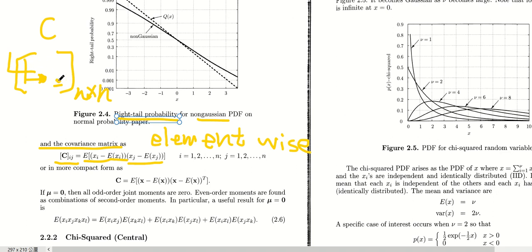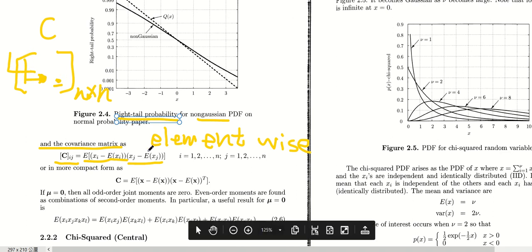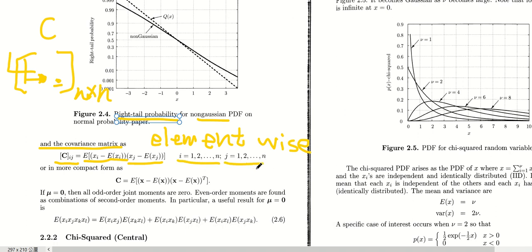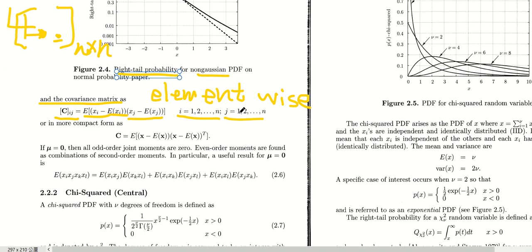If it's on the diagonal, then it will be ii, for example, 1,1, 2,2, 3,3, 4,4. But now we are doing 5,7, or maybe 2,3. So it will be defined this way. And i can be from 1 to n, j can be from 1 to n.